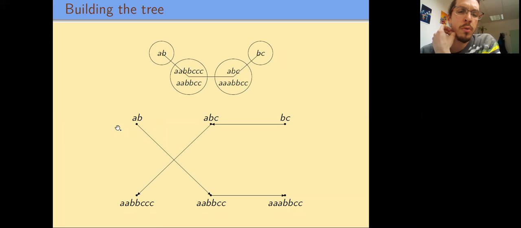So this vertex at the top here will be labeled AB. This one, if you look at AABBCC, you have one incoming arc. So if you take AABBCC minus AB, you get ABCC. Interestingly, you get the same thing if you look at the other set in that equivalence class. If you take AABBCCC and you remove from there ABC, you also get ABCC.